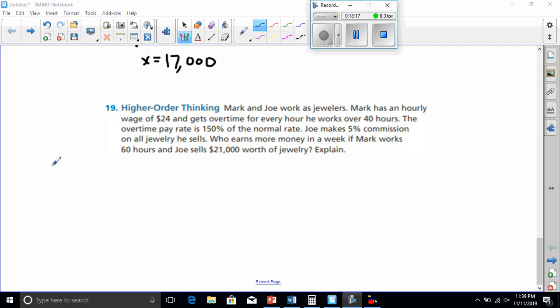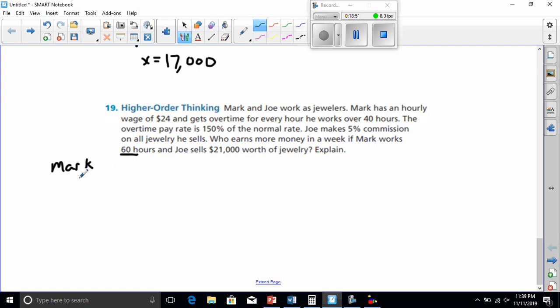Well, let's start with Mark. In Mark's case, he's worked 60 hours. Mark has an hourly wage of $24 and gets overtime for every hour he works over 40 hours. The overtime is 150%. So first of all, he only gets $24 for the first 40 hours that he works.